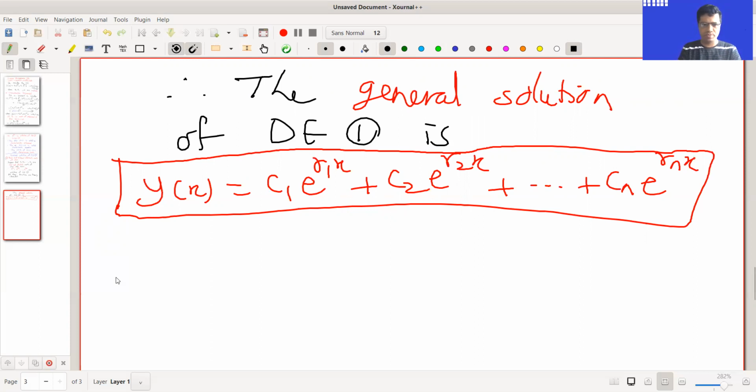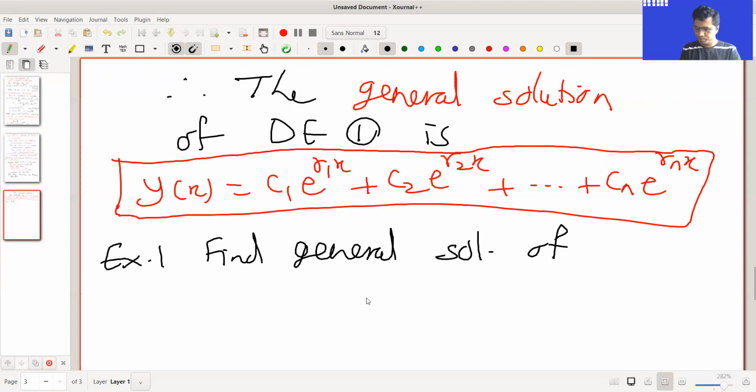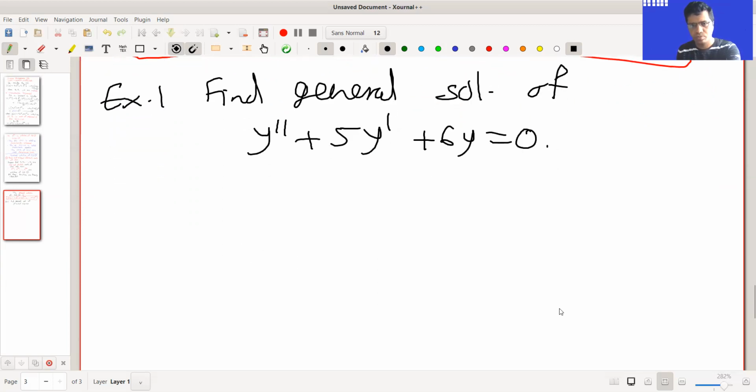We solve one example. Find the general solution of y double dash plus 5y dash plus 6y equal to 0. Solution.